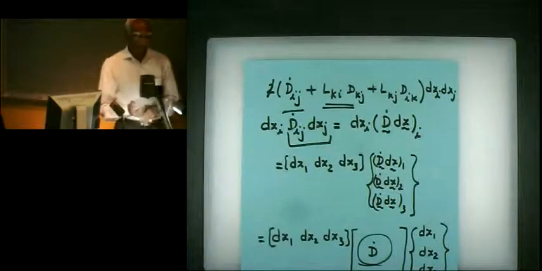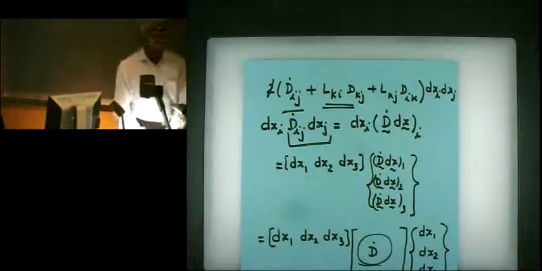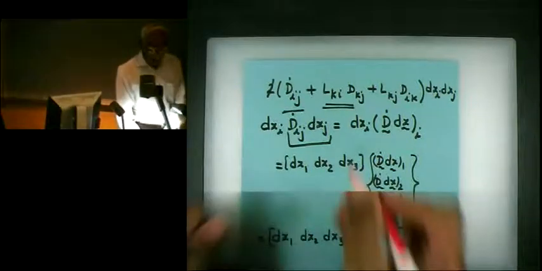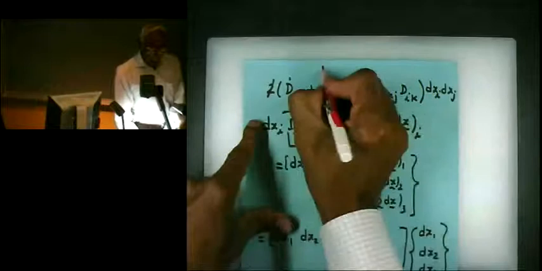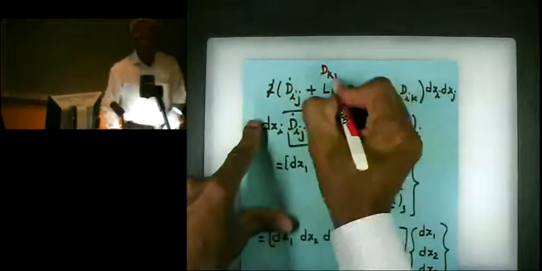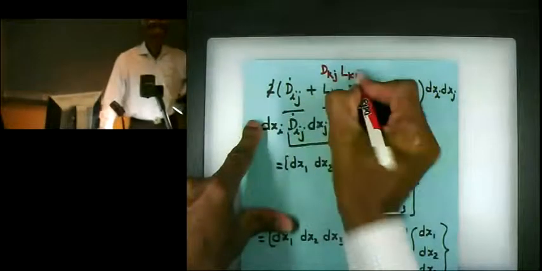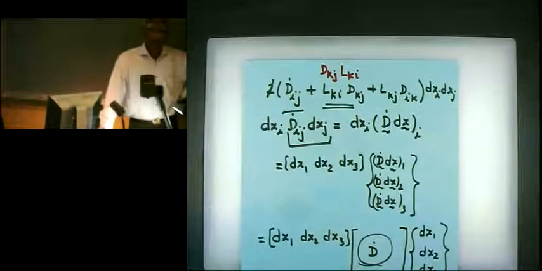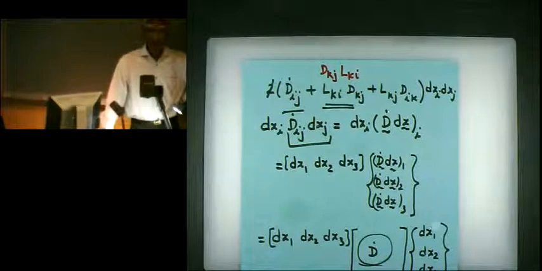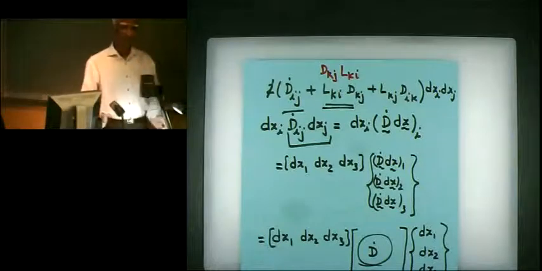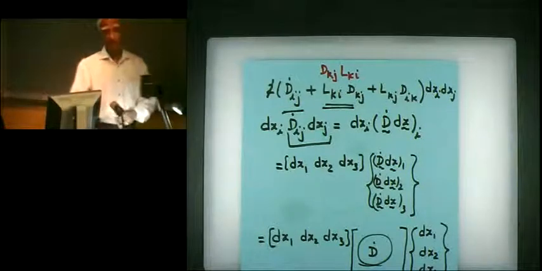If you are using indices, you can write this as DKJ LKI. That's okay. So as long as when you put in matrix notation, you match up the K's, then it should be. So K's have to be next to each other to multiply. The summed index has to be next to each other for the matrix multiplication.